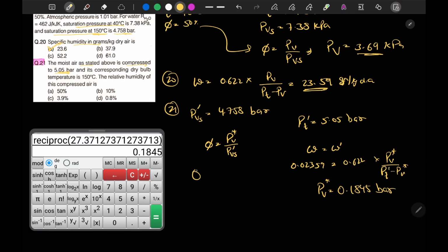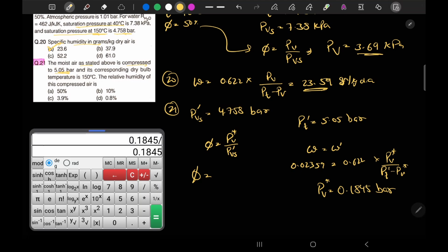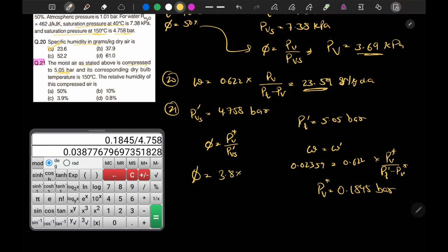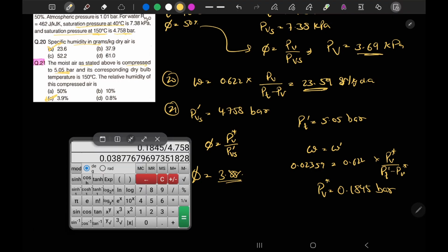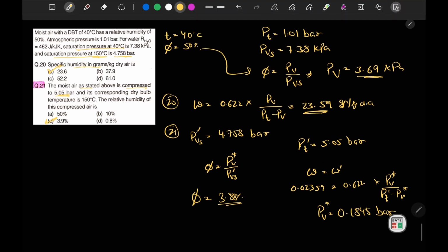If we substitute this value here, 0.1845 divided by 4.758, we get the value as 3.88%. So option C is correct. I hope you understood this question. Now we will be moving to our next question.